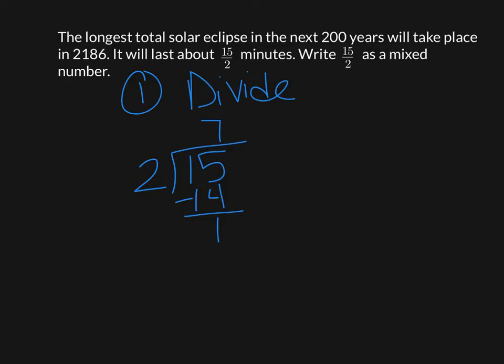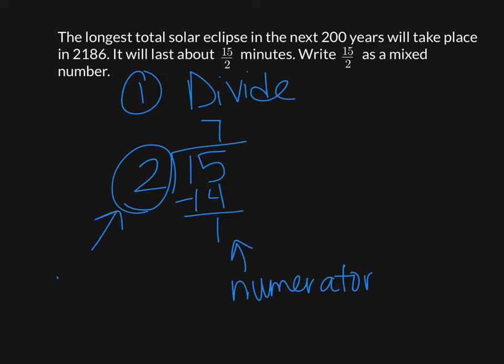So how I'm going to do that is, this is my numerator, and this is my denominator. So my mixed number would be 7 1/2.